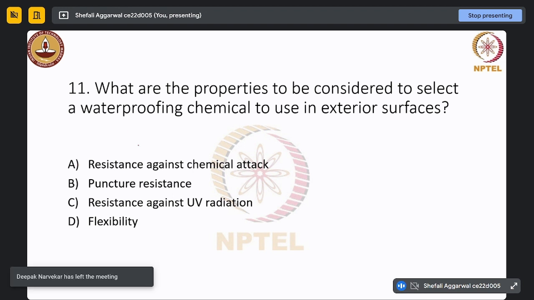So if we are providing our waterproofing in the exterior surface, it should have resistance against chemical attack, correct? It should have puncture resistance. So exterior wall, exterior surface only will have more chances of puncture or impact.